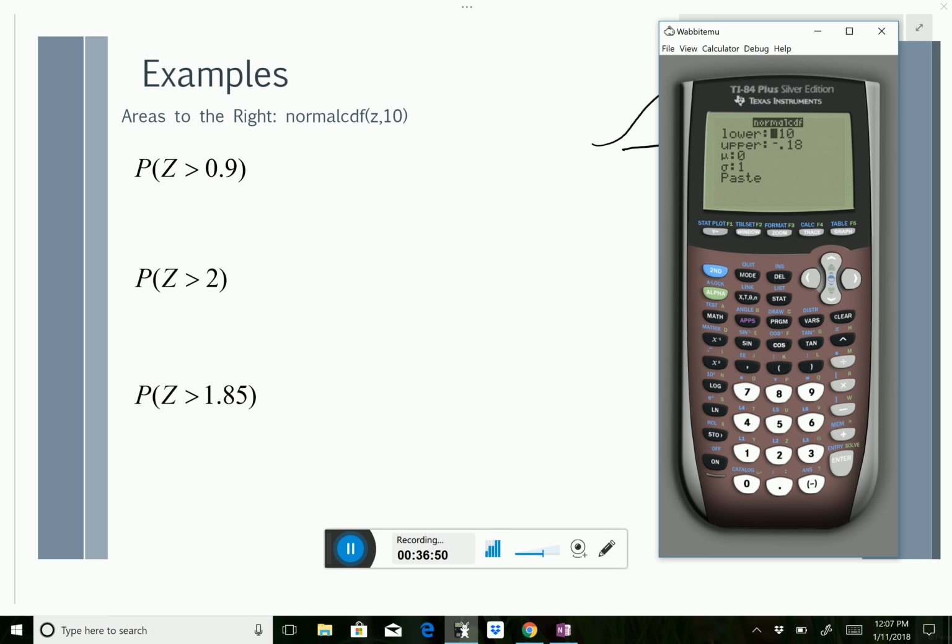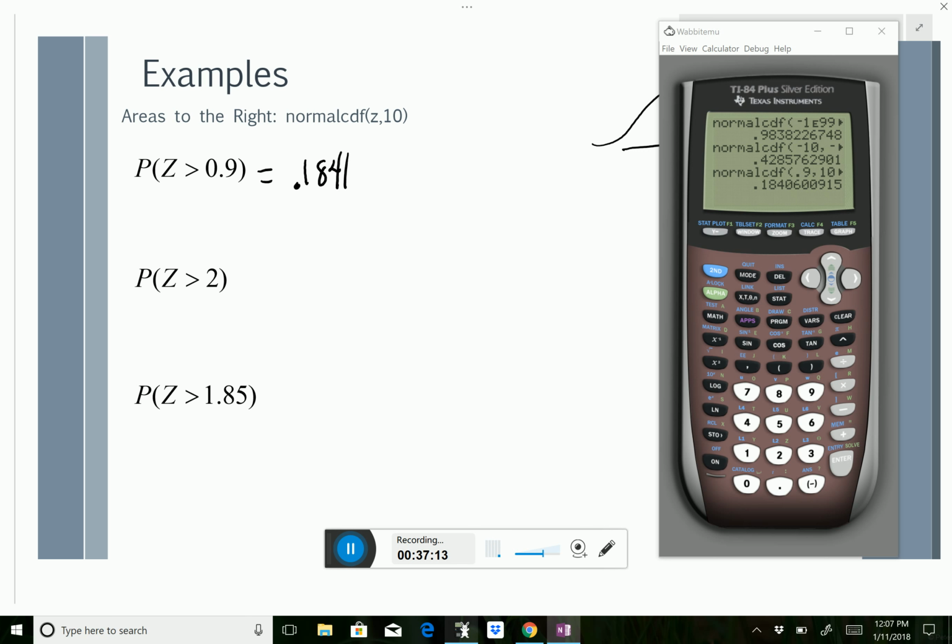And now our lower bound starts with 0.9. So we're 0.9 up to infinity. And whatever, 10 is good enough. And we get 0.1841. And I want you guys to be very careful about your rounding off. This is 0.1841 because the next number is 5 or more.